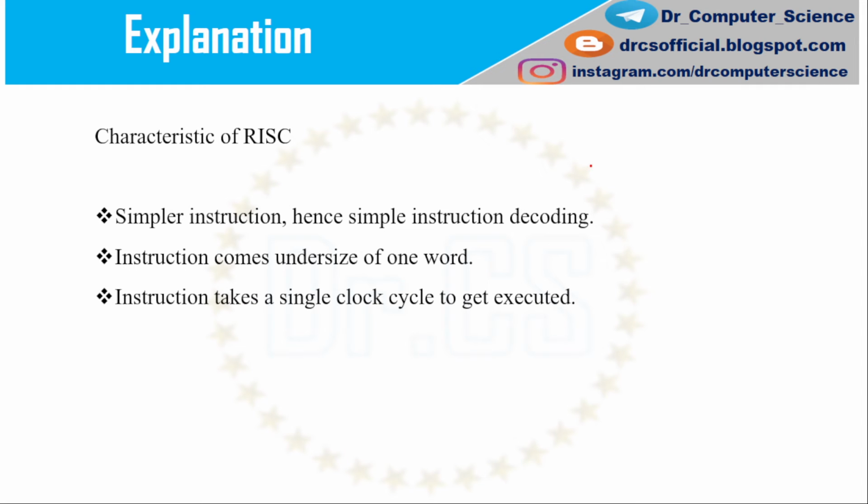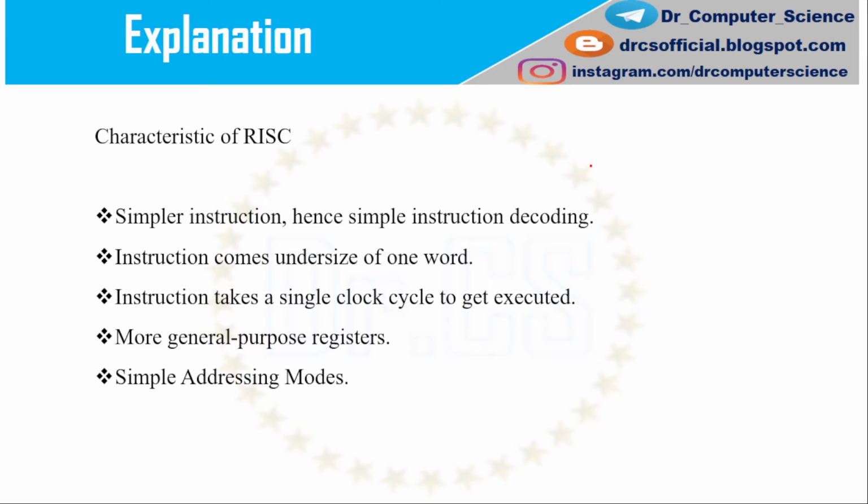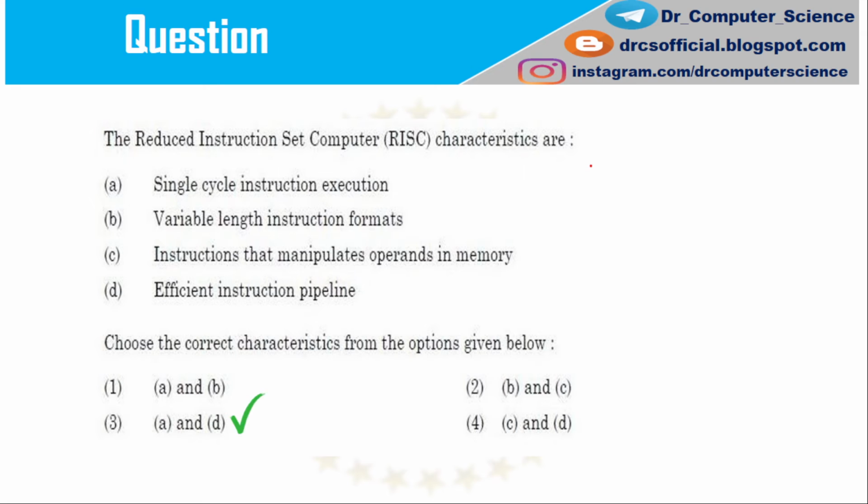Instructions take a single clock cycle to execute. More general purpose registers, simple addressing modes, fewer data types, and pipelining can be achieved. Here options A and D are correct: single cycle instruction execution and efficient instruction pipeline.